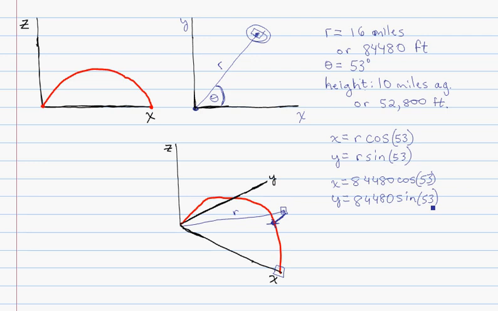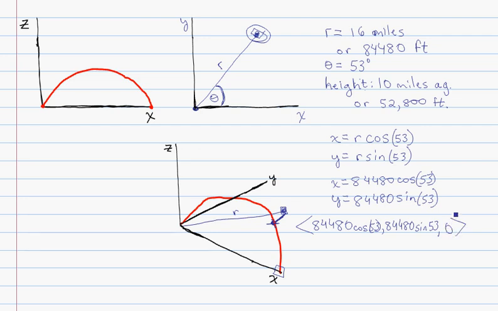So, if we wanted to write these in vector coordinates, or write it as a vector, we would say that we are starting right here at this point, 84,480 cosine of 53, and the Y component would be 84,480 sine of 53, and the height, or the Z component, would be 0.